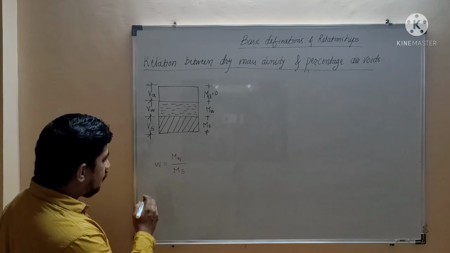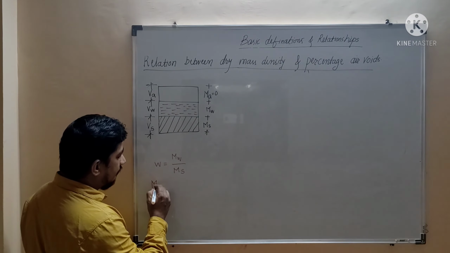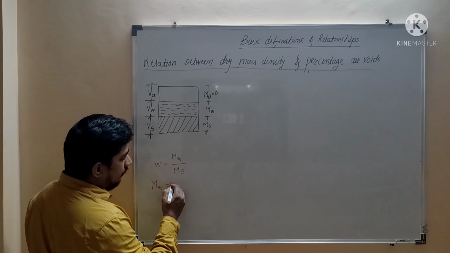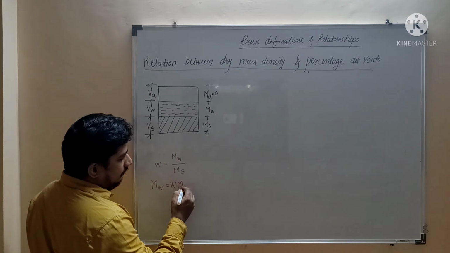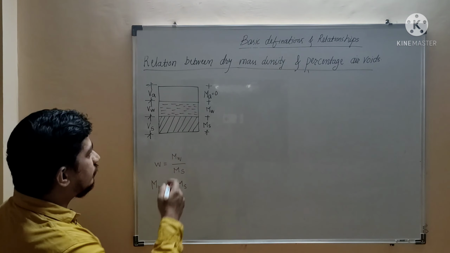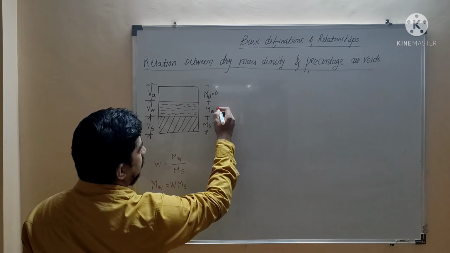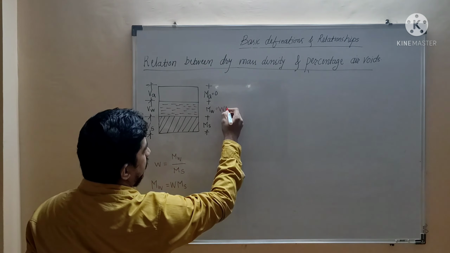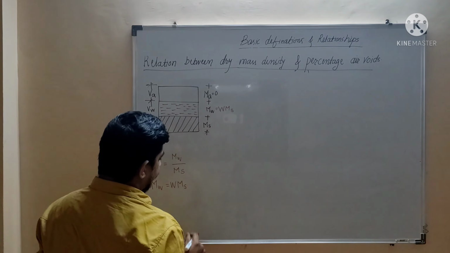So mass of water will become w into Ms. It can be simply written here, w multiplied by Ms.